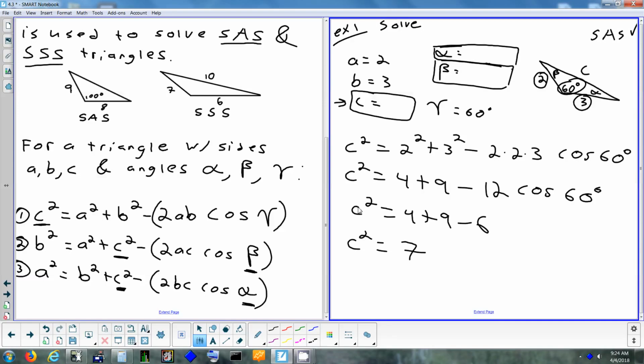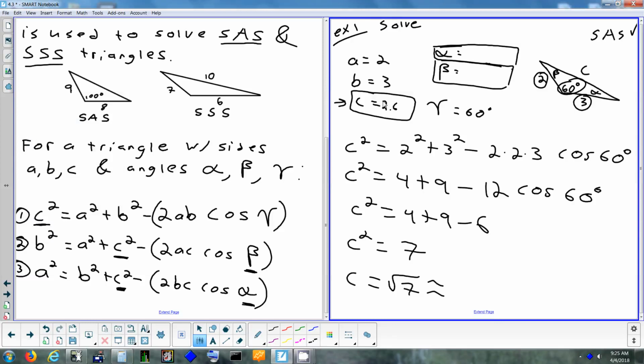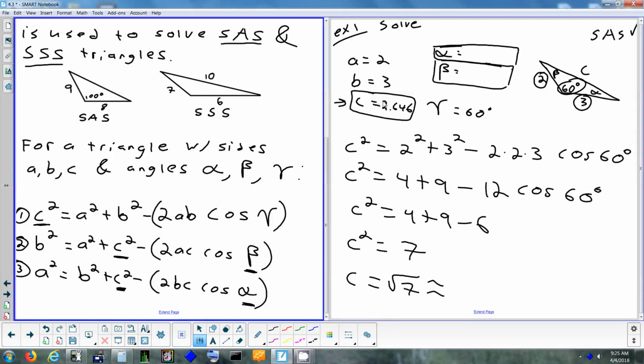Yep, take the square root of 7. And for most of these answers, in fact all of them, we're going to round it off to 3 decimal places. Square root of 7, 2.646. Now I have C.